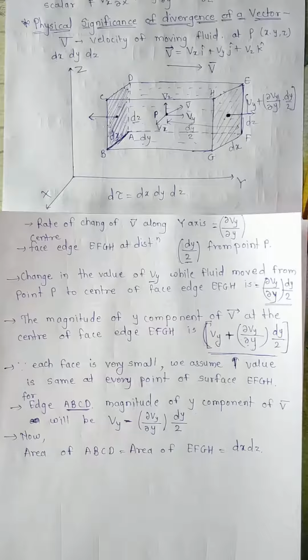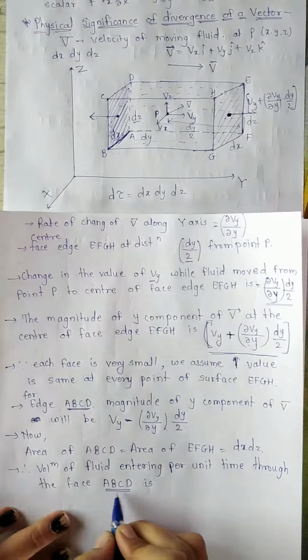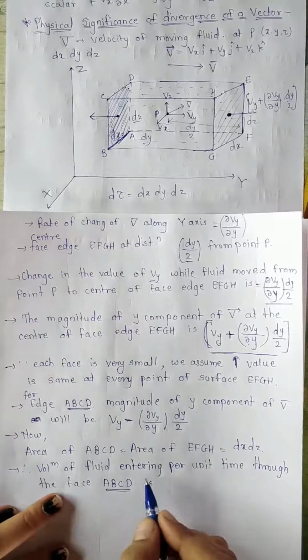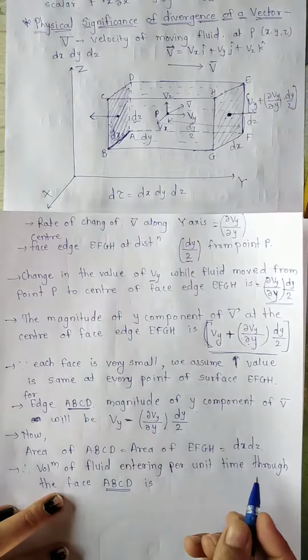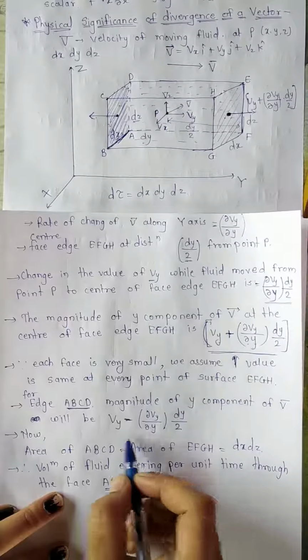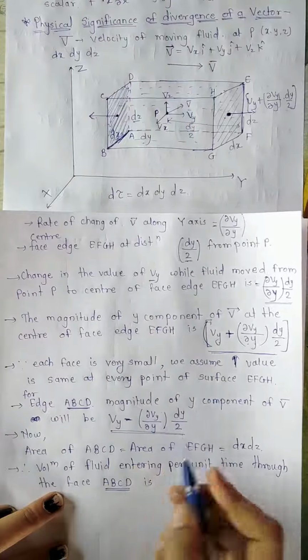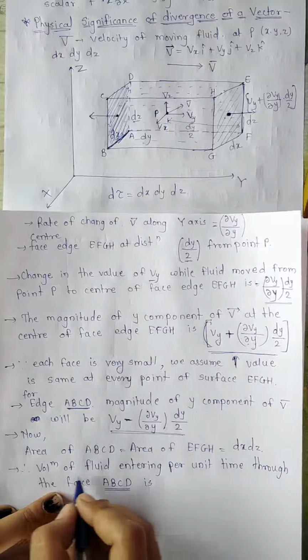Therefore we can say that the volume of fluid entering per unit time through the face ABCD is given by the amount of fluid multiplied by the area of that face, which gives us the volume.